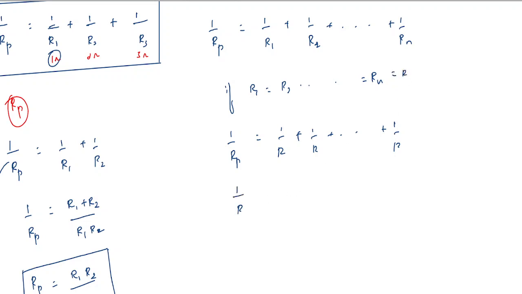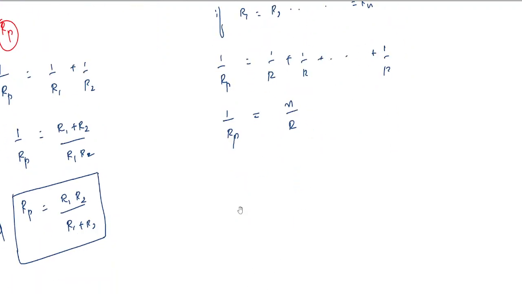Therefore, 1 by Rp is equal to n by R, or from here Rp is equal to R by n. So this is the expected equivalent resistance for resistors in parallel.